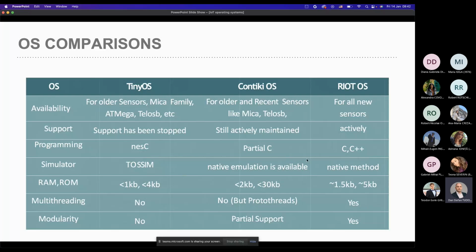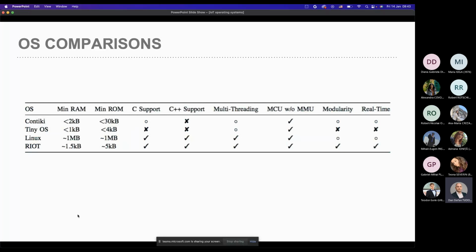But of course, Contiki, RIOT, NuttX are very well supported, and right now they are being deployed in a lot of IoT applications. And again, it makes a very big difference where you're having a true multi-threading operating system, and you have true modularity, so you can easily swap components or add components and so on.